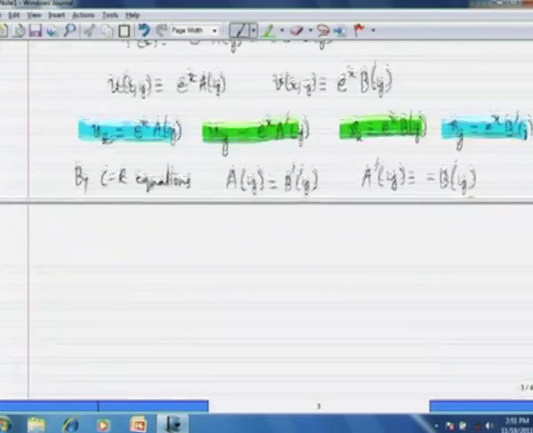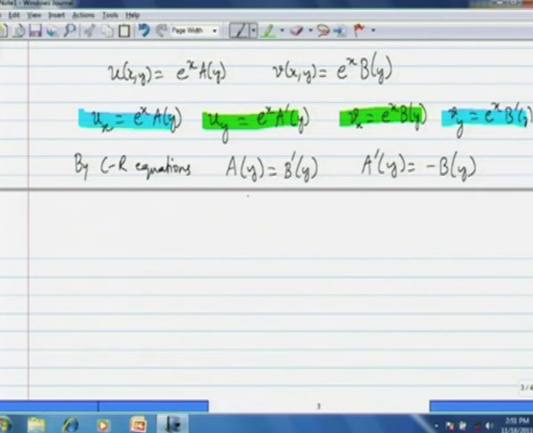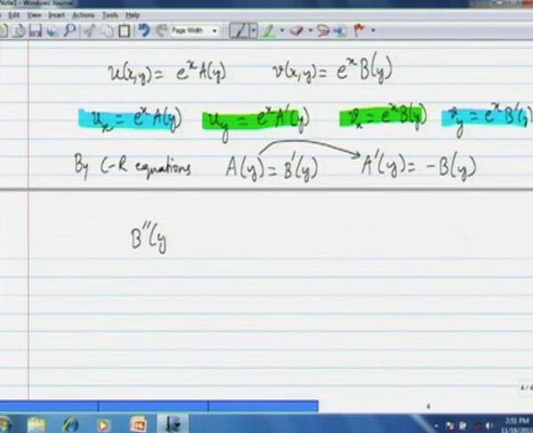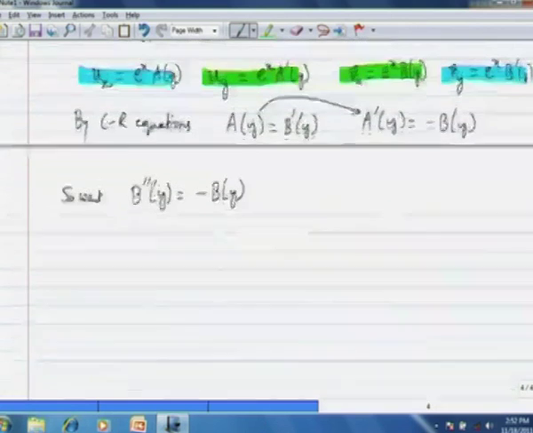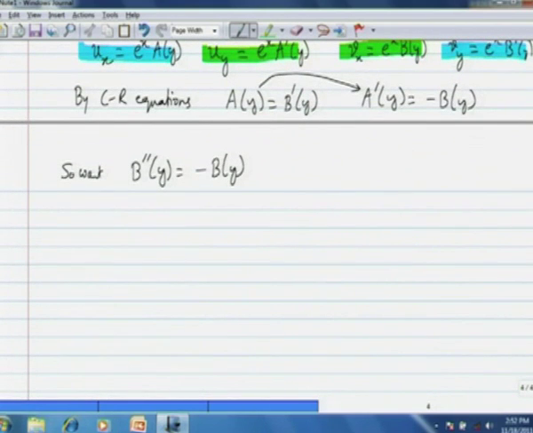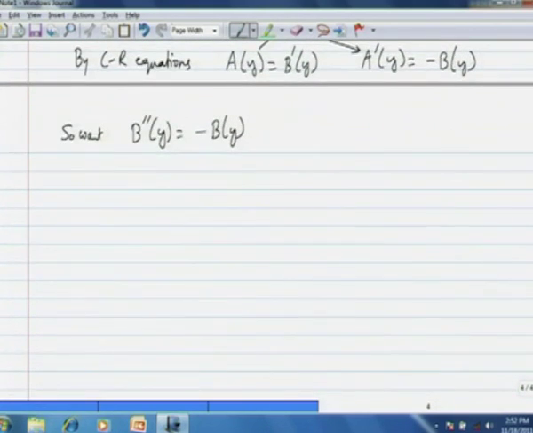From these two we can conclude, substituting a of y, that b double prime of y should be equal to minus b of y. We know what kind of function satisfies this relation.